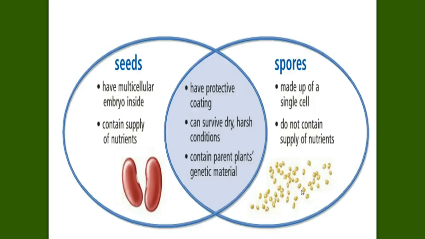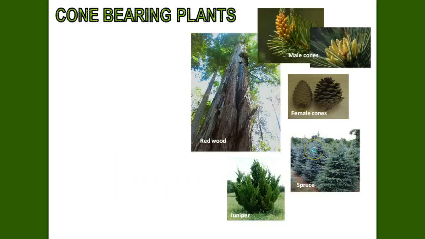So one major thing that you need to know about seeds that is different from spores is that seeds contain food. They are monocot or dicot. But spores, poor spores, they're sad because they do not have a supply of nutrients.